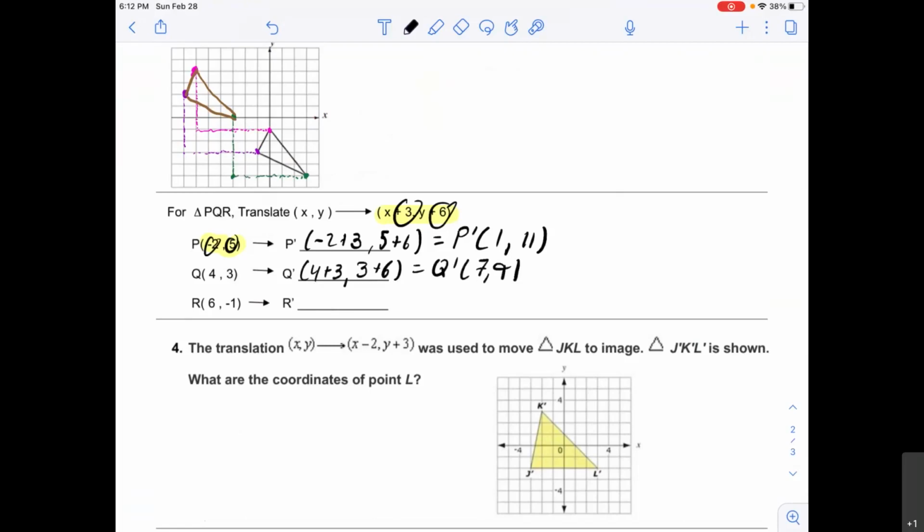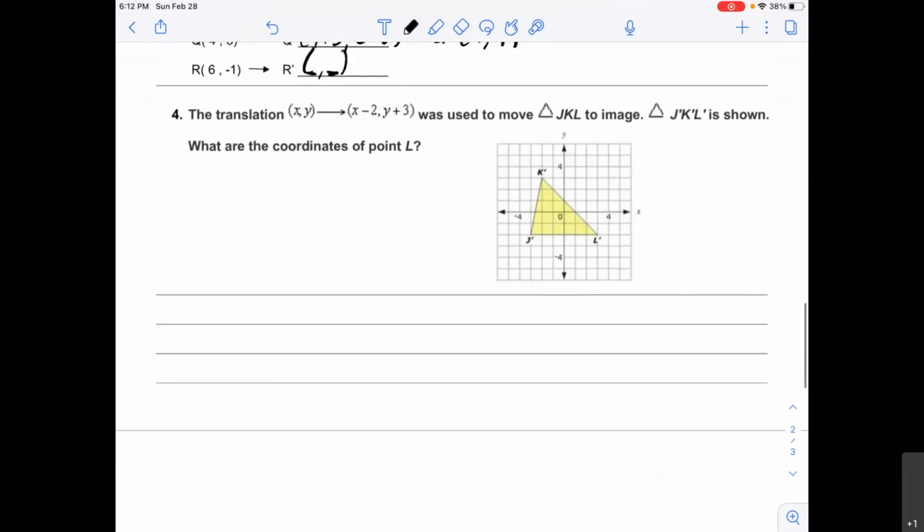Just put it in with the parentheses and the comma. You do not need to use any spaces. But after the translation, x plus 3, y plus 6, where is R prime going to be? Again, use the parentheses and the comma. Do not use any spaces for your answer. That will be your first question for your check.